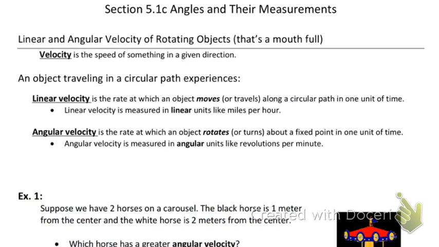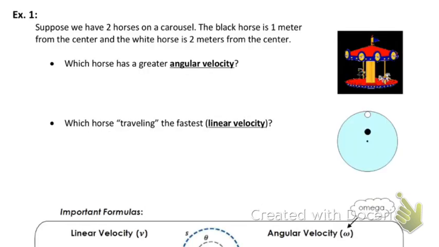So let's go back up and ask what angular velocity is. Angular velocity is the rate at which an object rotates. So what they're asking for is, how long does it take for the white horse to get around versus how long does it take the black horse to get around? Well, they're both fixed to a circle that has a fixed rate of time.